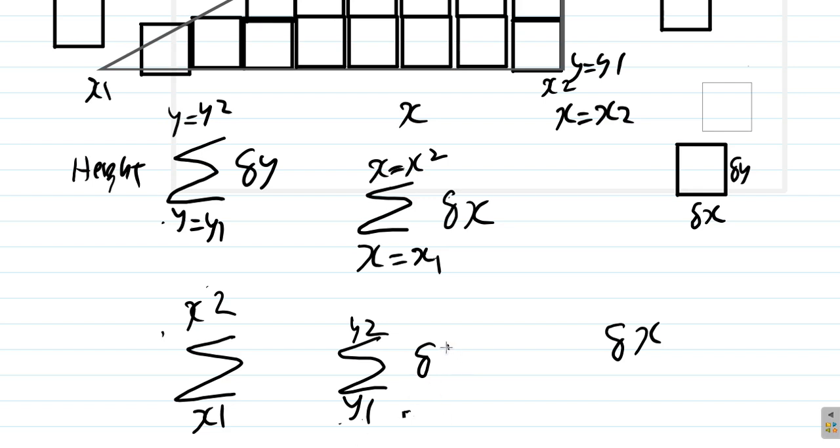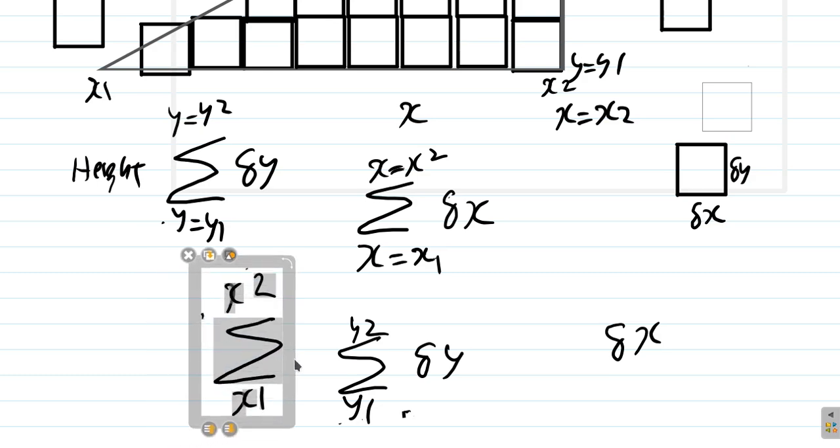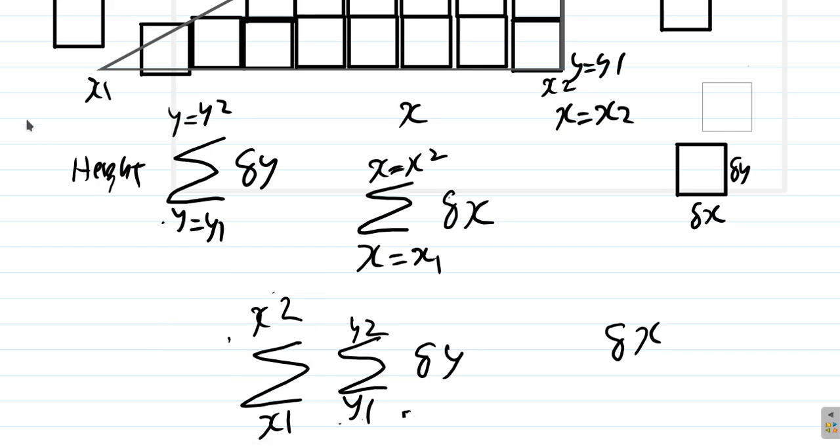Delta y, y not x. And when we do that, these columns that go up, we're adding them up from left to right. So now we're adding the x's, and it is the width that we keep adding. We're adding delta x's from left to right.